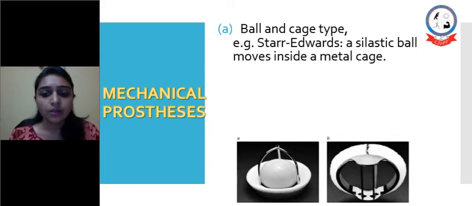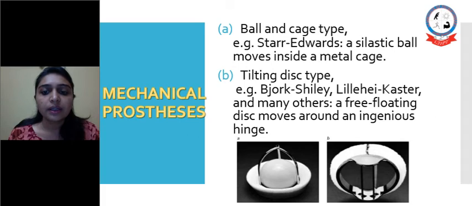Figure A shows the ball and cage type of valve. The example of it is Starr Edwards. Another is tilting disc type. The example is Bjork-Shiley and others. A free floating disc moves around an indigenous hinge, which is shown in figure B.